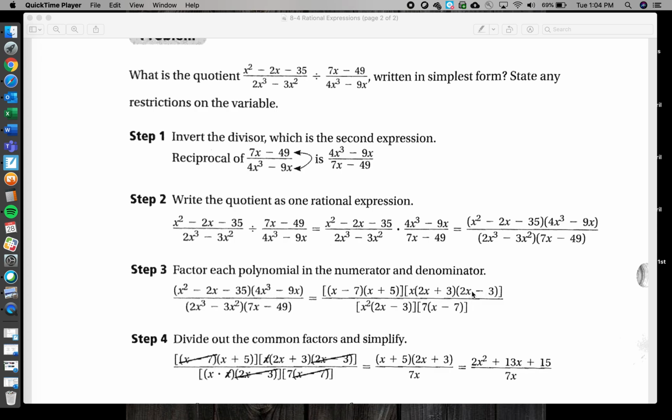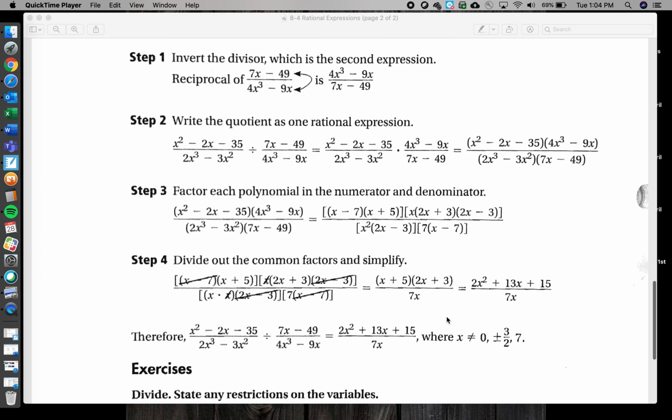That's where this is coming from. In the denominator, you can factor out an x squared, and then you're left with 2x minus 3. Second factor down here, you can take a 7 out, and that'll leave you with x minus 7.